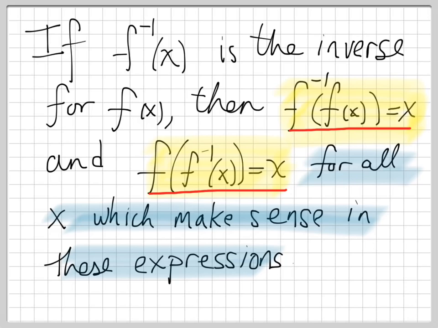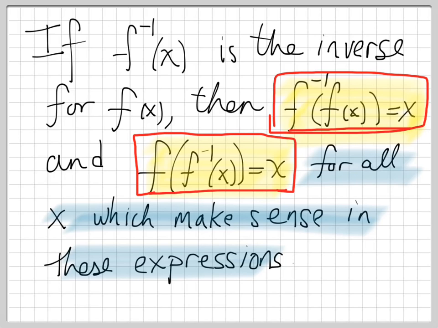And this works for any value of x, which makes sense. It's important, though: if x isn't in the domain of f, the first one won't make sense, because f of x won't make sense. And more importantly, if x is not in the range of f, then it's not in the domain of f inverse, and so that won't make sense.